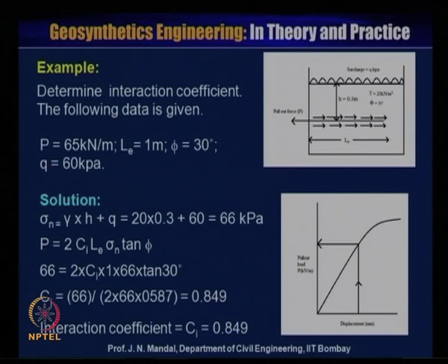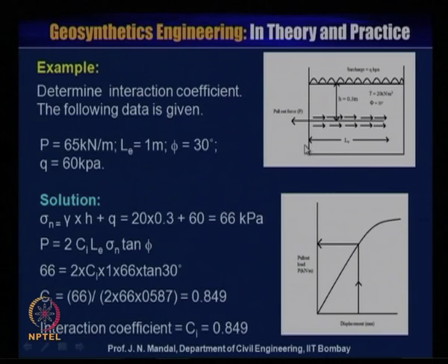Now we are giving one example. You have to determine the interaction coefficient, that means Ci. The following data is given. P is 65 kilonewton per meter, Le is 1 meter, phi is 30 degree, Q is 60 kilopascal. You can see here is the pull-out, P value is given, and this is the reinforcement.